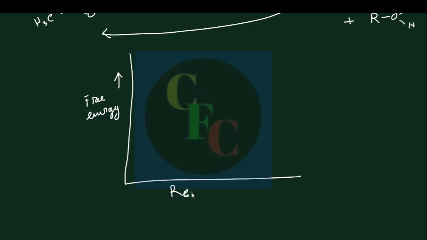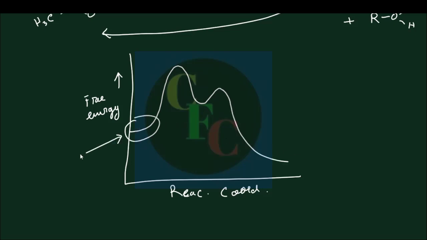So this is the reaction coordinate. So in the free energy diagram, these are the reactants, right? So here it will be the alkyl halide plus whatever your solvent or RO minus or solvent, right?